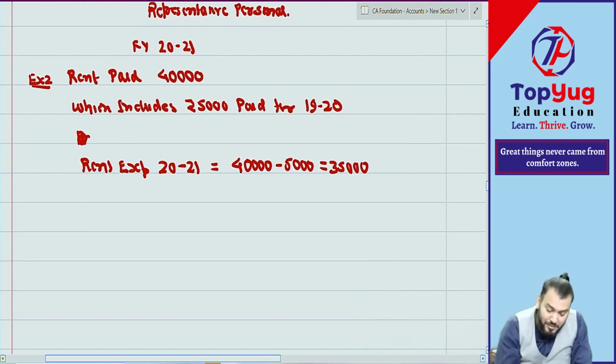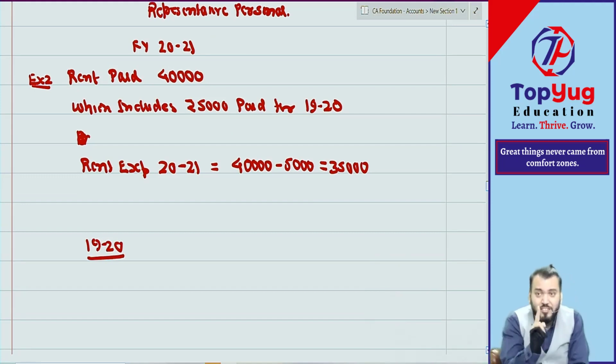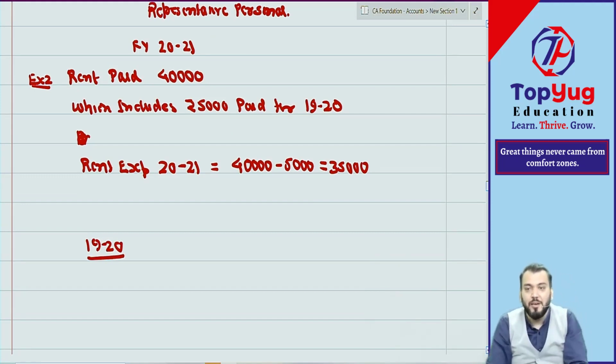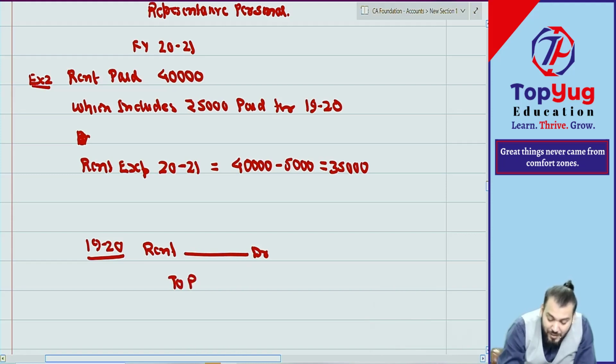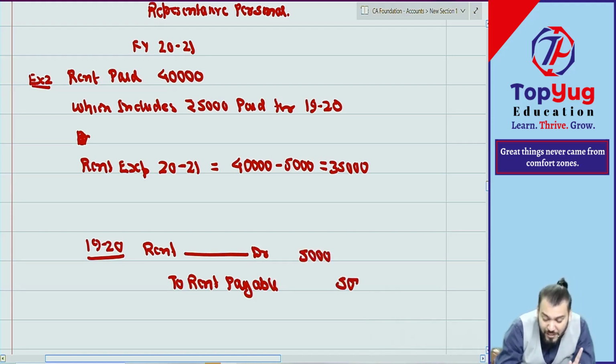Now coming to the journal entry. Can I say in 1920 we have already recorded one transaction? What transaction we have recorded? Rent account debit to what? Rent payable. Very good. Excellent. This was already recorded with an amount of what? 5,000. Everyone, please.